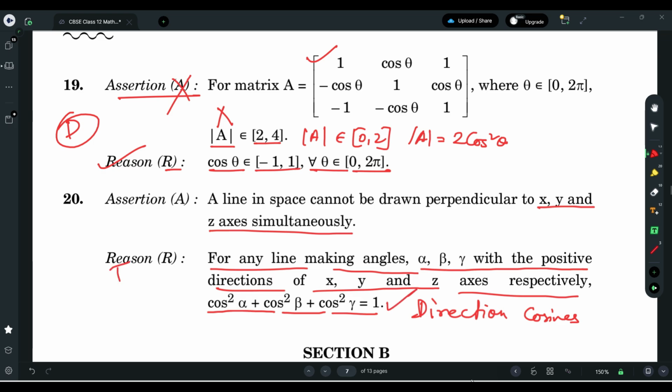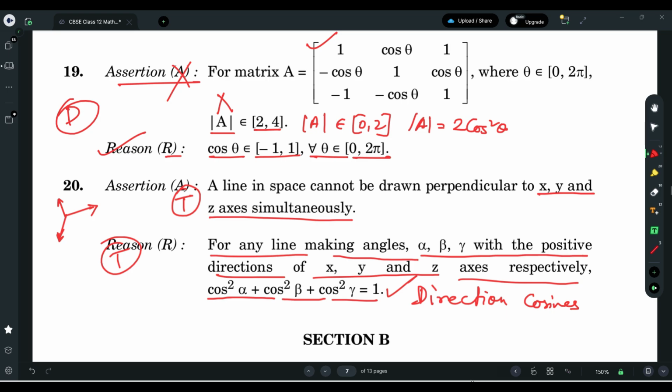So this is true. And a line in space cannot be drawn perpendicular to the x, y, and z axes simultaneously. This is also true, because the axes themselves are perpendicular and there is no other dimension in which we can draw a line perpendicular to those three simultaneously.